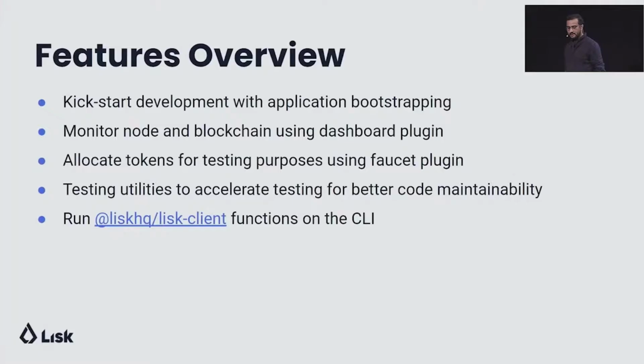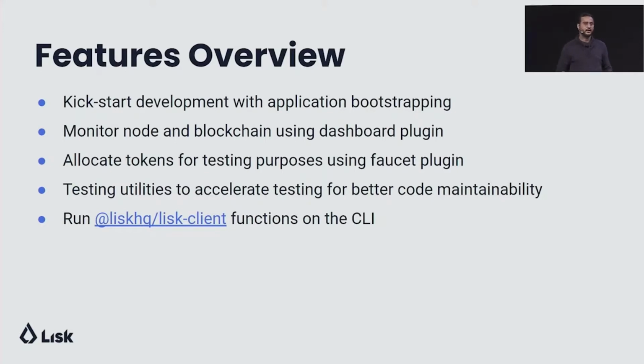So first of all, talking about what 5.1 is aimed at. It mostly comprises all the utilities for a developer to build something on top of Lisk SDK. So basically kickstarting development with application bootstrapping, and to monitor its node, the developer can use the dashboard plugin.